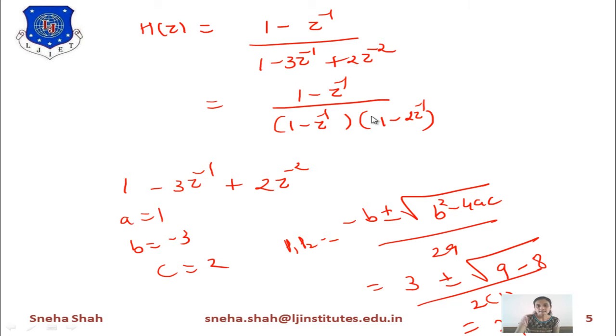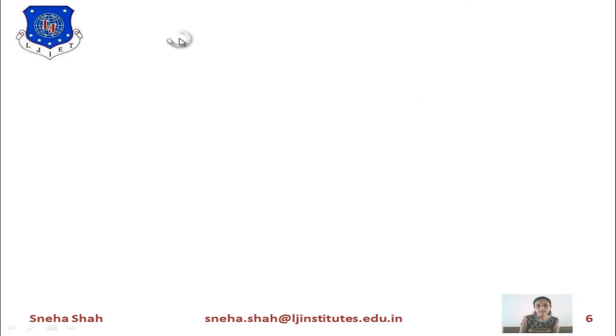So this is the final answer. Now in this I will take h of z equal to the multiplication of these two terms, h1 of z into h2 of z.